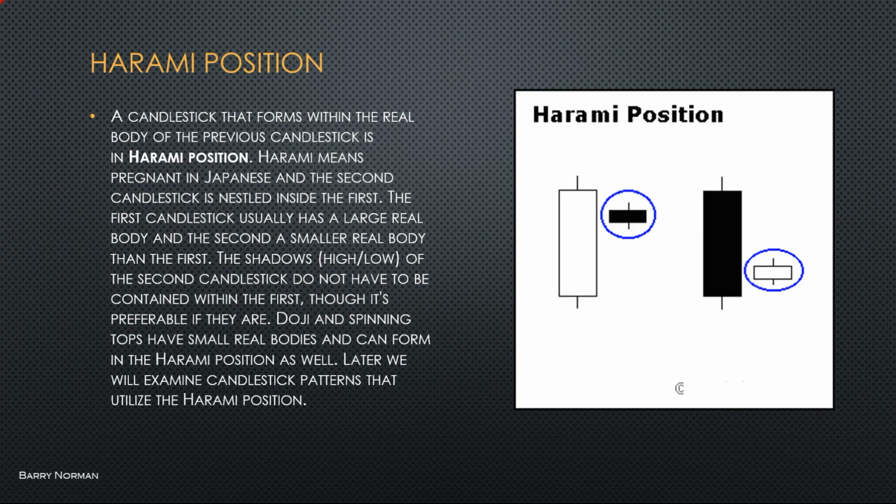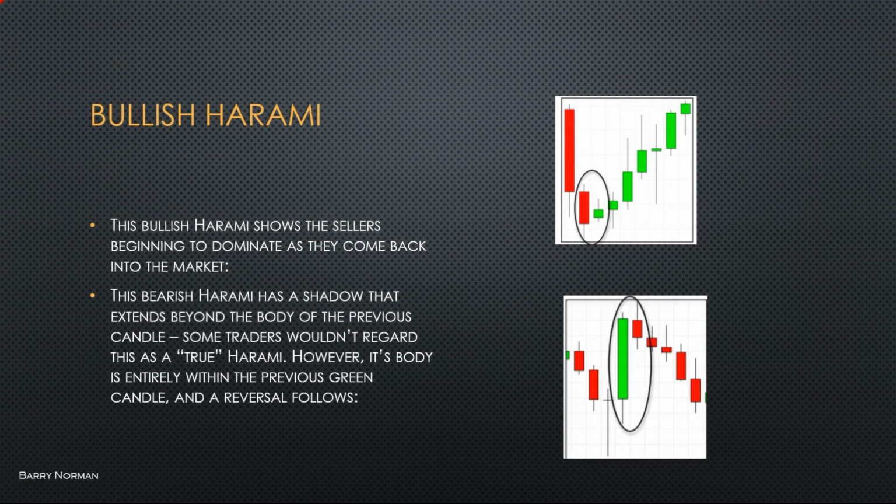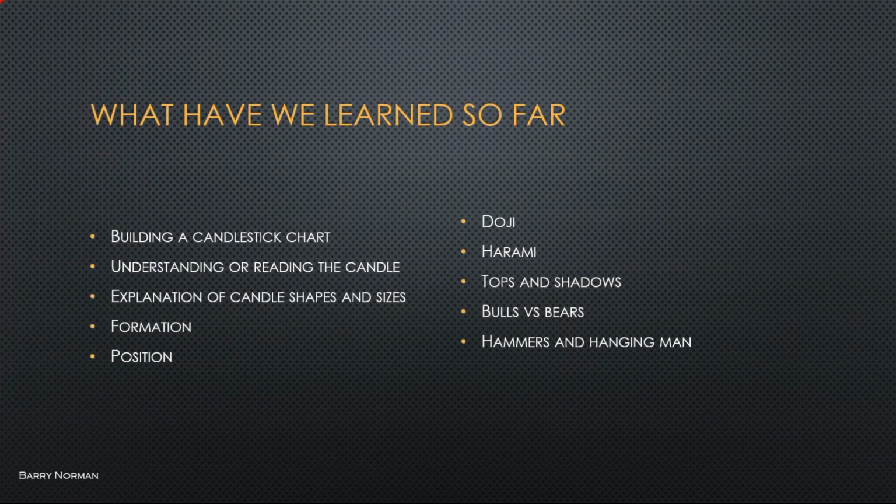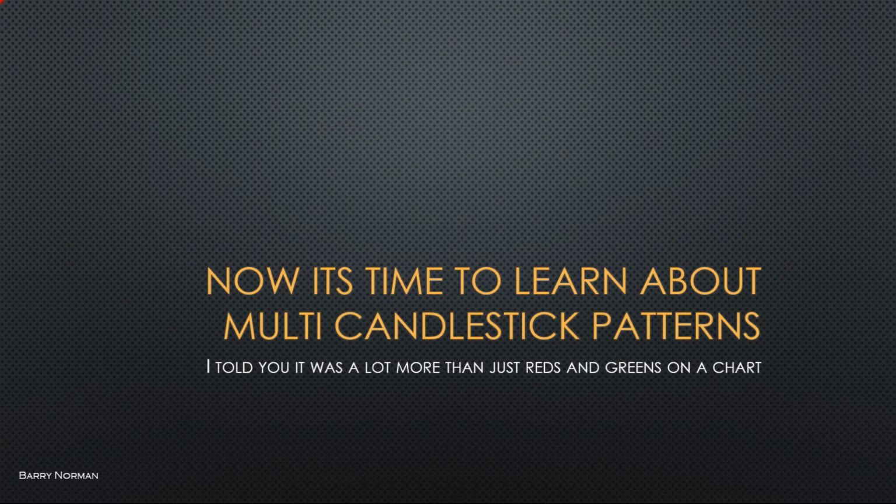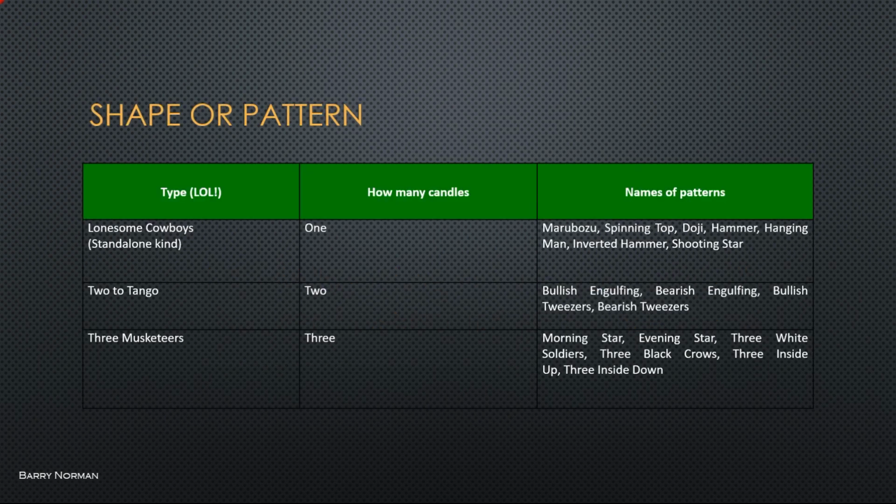Okay. We have our harami, dojis, hangmen, three white soldiers, three black crows, Marubozus, we just go on forever. So we have things like morning stars, evening stars, three white soldiers, three black crows, three inside up, three inside down. That's not a way of trading.